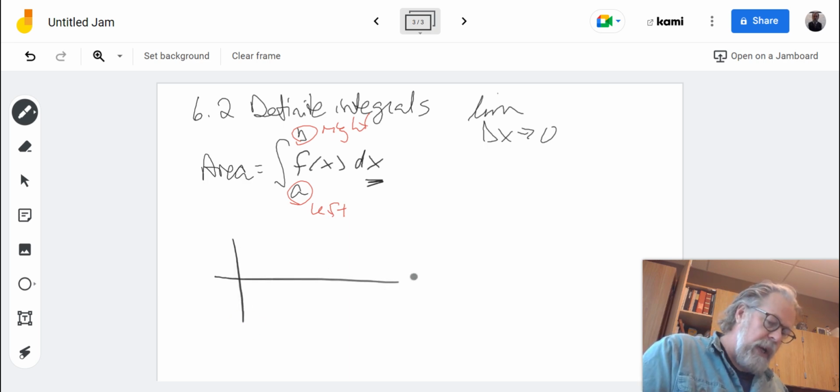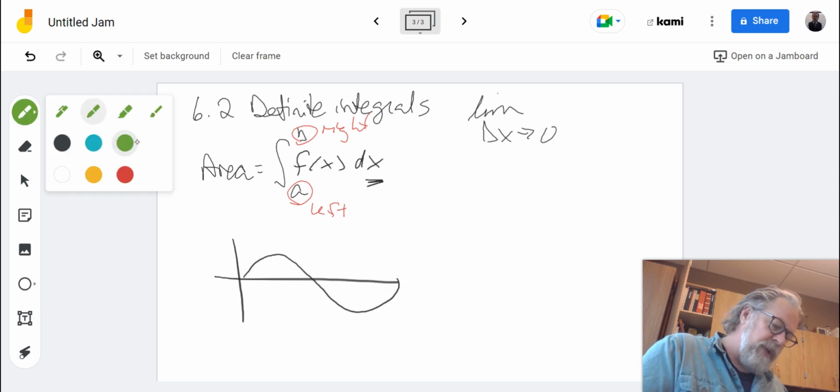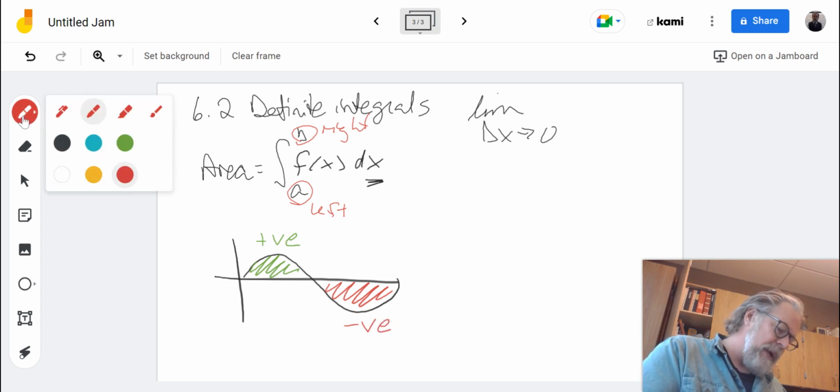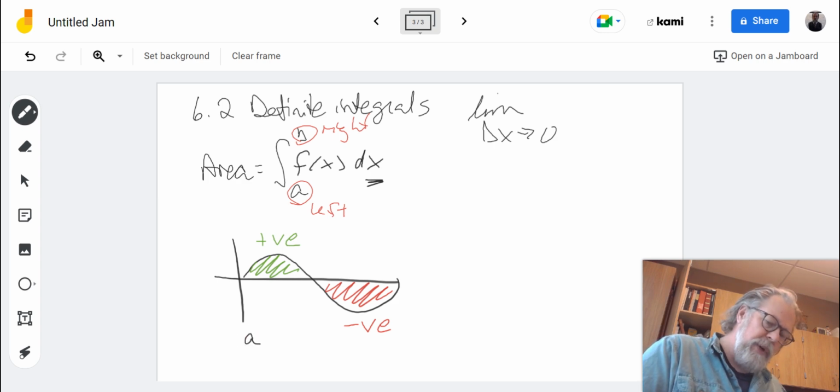If we are looking at area, we are moving left to right, then this area will be positive, and this area will be negative. But understand, this is going from a to b, the integral from a to b.